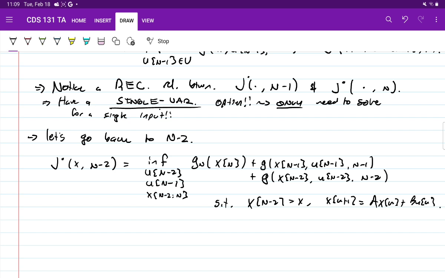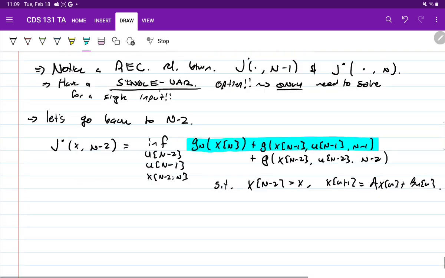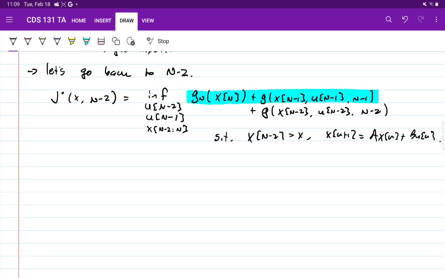Well, something interesting that we notice up here is that this term kind of looks like what we were minimizing in the step above, right? So the idea is, since we recognize this cost, which we were just trying to minimize in the step above, we can apply the principle of optimality, okay?